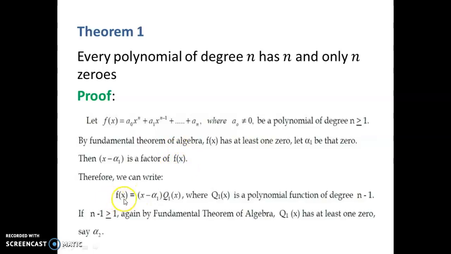So we can express f(x) = (x minus alpha 1) into some q1(x), where q1(x) is another polynomial of degree n minus 1. Here the degree of f(x) was n, and this is a linear factor, therefore the degree of this linear factor is 1. That's why the degree of q1(x) is n minus 1.